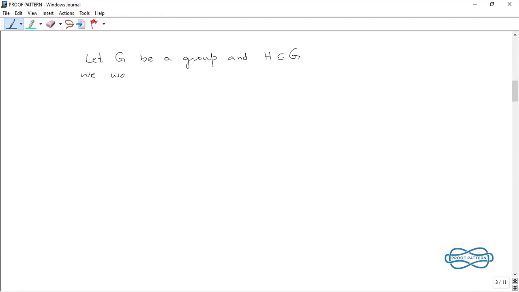We want to determine whether or not H is a subgroup of G. It is not possible every time to check all the axioms.